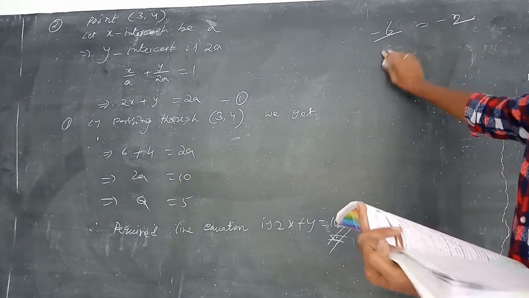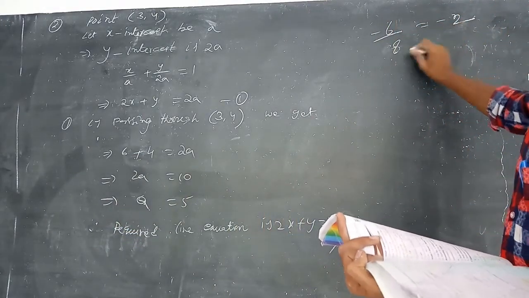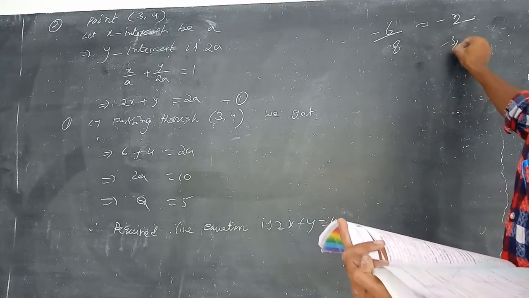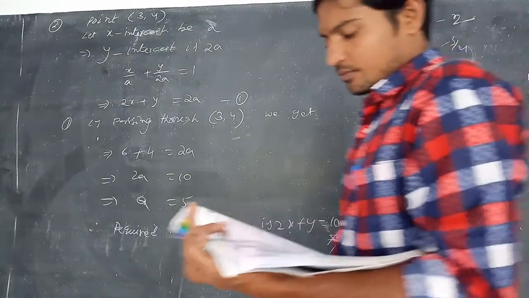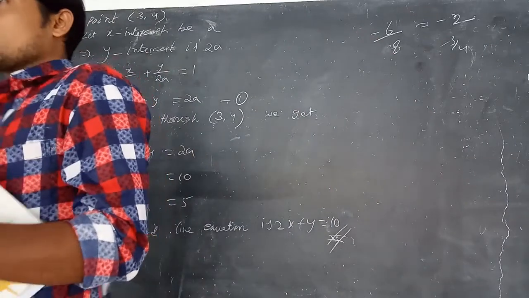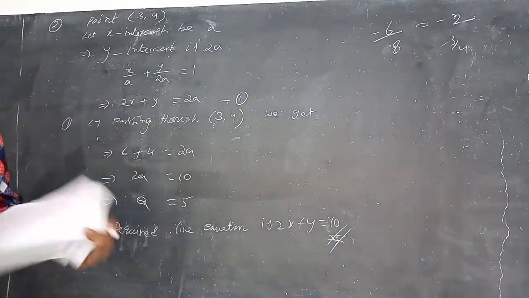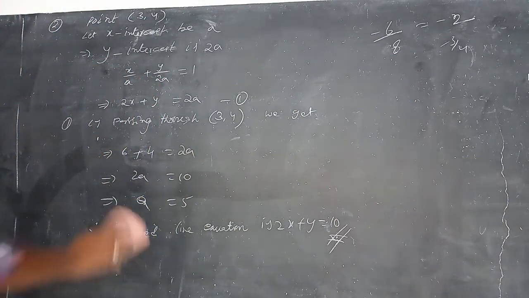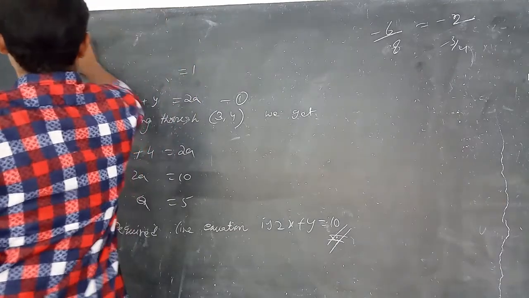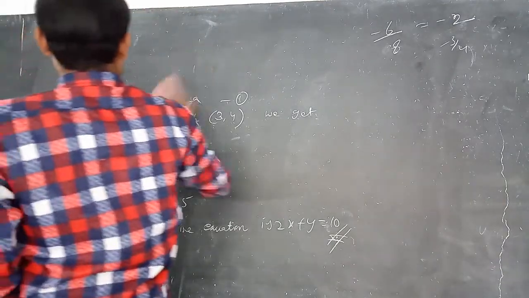The fourth, 5 plus 3, so 8, so minus 3 by 4 is the answer. Third one, you do it. Now, fourth one.